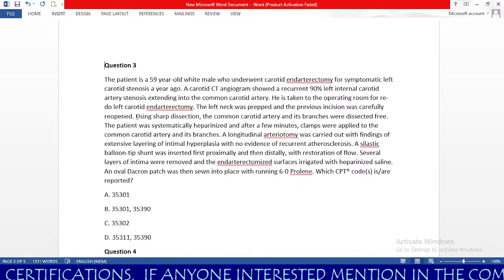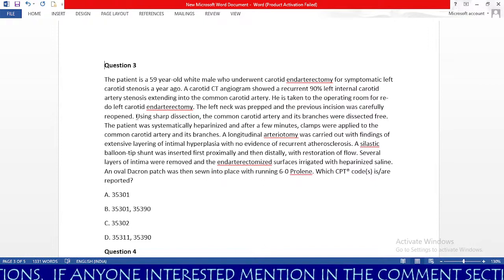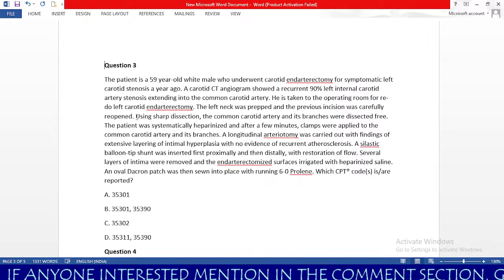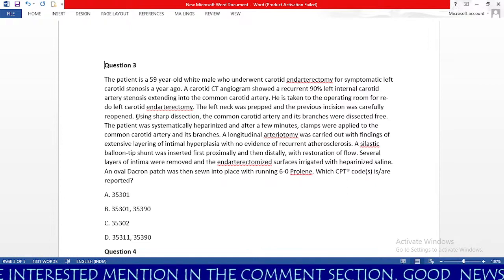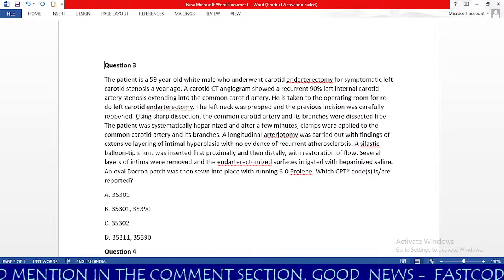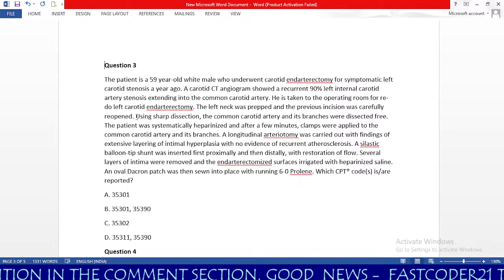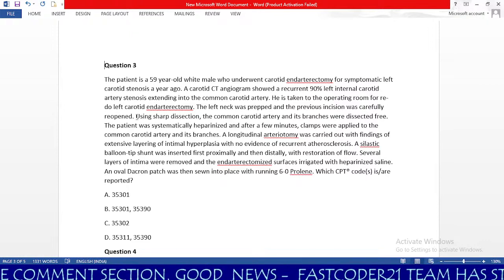So basically recurrent means again. So previously 1 year back the patient had the endarterectomy surgery. So again the patient has stenosis of the carotid artery. 90% stenosis means it is more severe, extending into the common carotid artery.